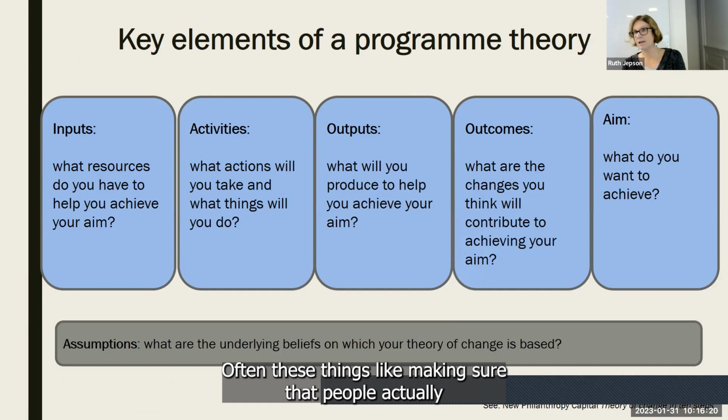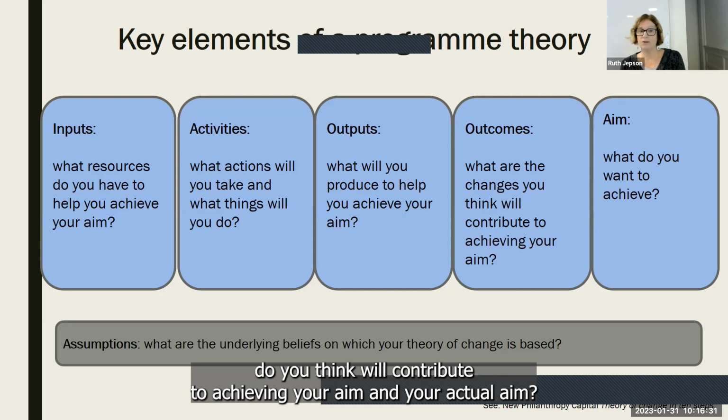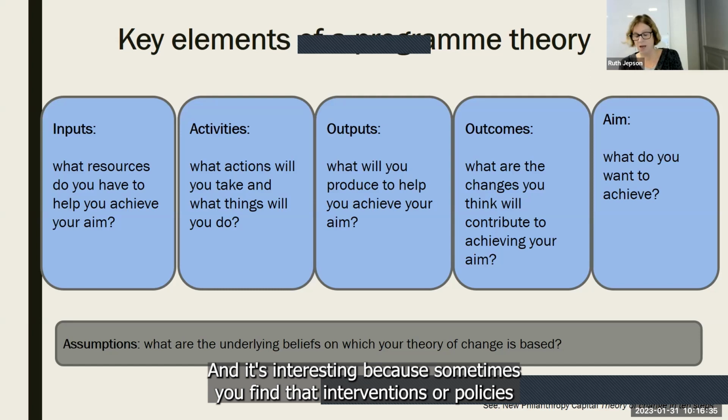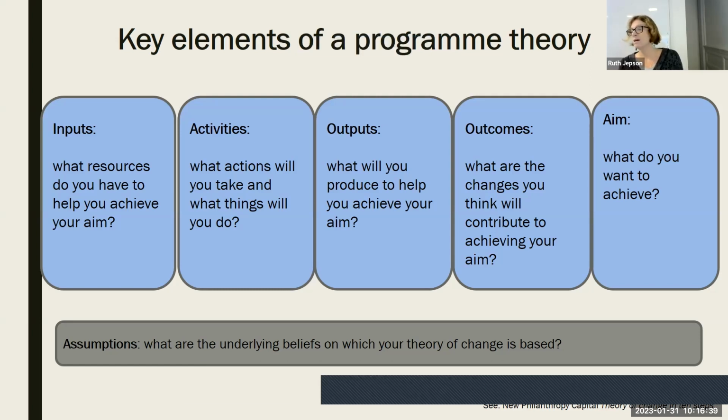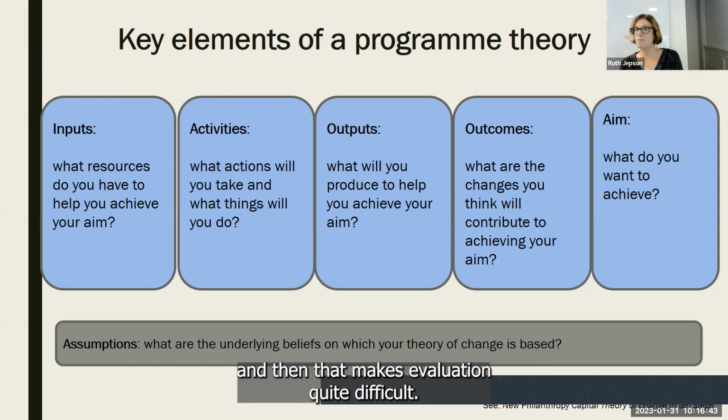Often these are things like making sure that people actually take up the offer of the intervention or that it's acceptable. Then your outcomes, what changes you think will contribute to achieving your aim, and your actual aim, what do you actually hope to achieve? And it's interesting because sometimes you find that interventions or policies are developed without really thinking through all these things. And then that makes evaluation quite difficult.